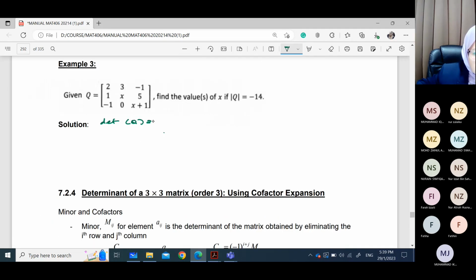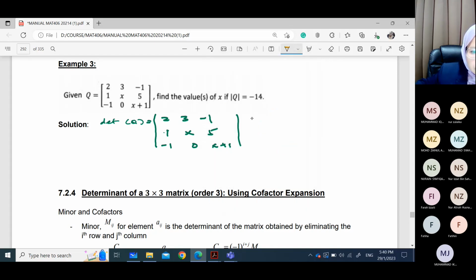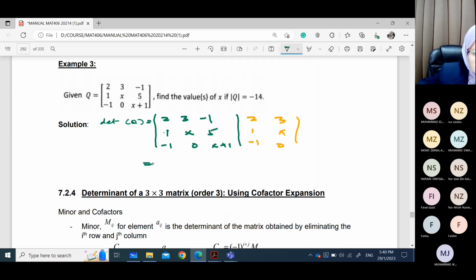This one try cari X. So this one untuk diagonal expansion. So 2, 3, negative 1, 1, X and 5, and negative 1, 0, X plus 1. Okay, kita multiply dengan yang seterusnya. 2, 1, negative 1, 3, X, 0. Okay. So this one sama juga dengan. Okay, so 2 times X, 2X. 2X times X plus 1.